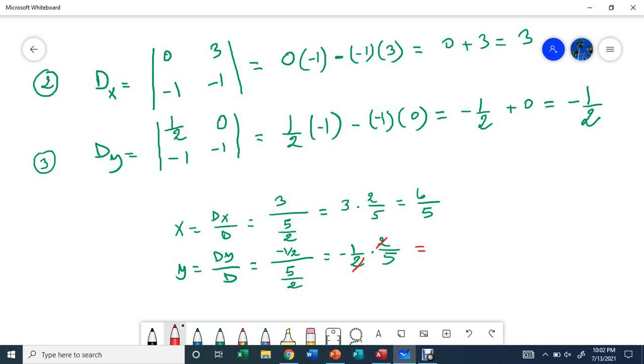We end up with negative 1/5. So the solution for this system of equations is 6/5 and negative 1/5.